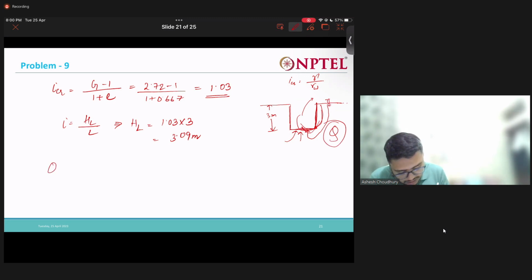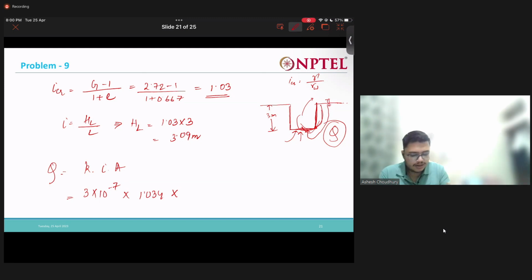To find this flow, we multiply: k is given in the question as 3 into 10 to the power minus 7, times i critical 1.03, times area. We can assume unit area, one.